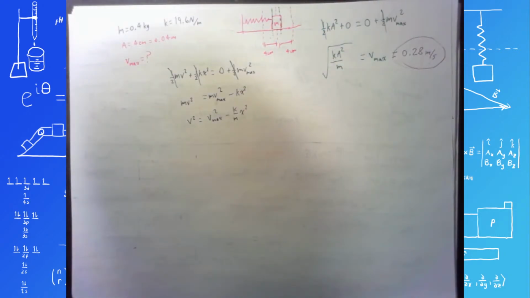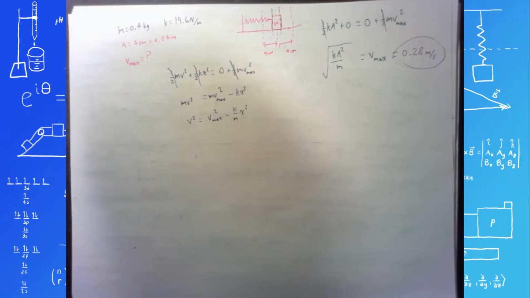I have no way of knowing for sure from the wording of this problem. It could be either. Not that it's going to matter, because we're going to square the 1.5 centimeters no matter what. So it doesn't matter if it's in the positive or negative direction.